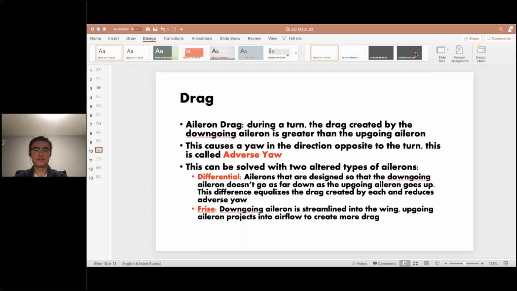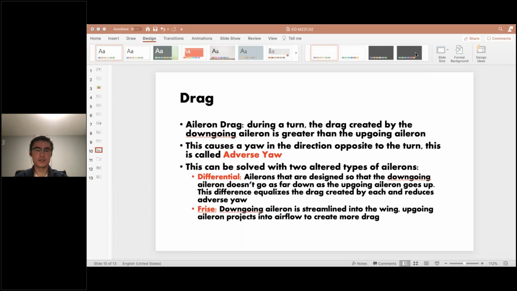And the aileron that is going down, if you want to roll to the right, the left side is going to create drag, and it's actually going to prevent you from rolling smoothly. It's going to make you turn to the left when you're actually trying to roll to the right.